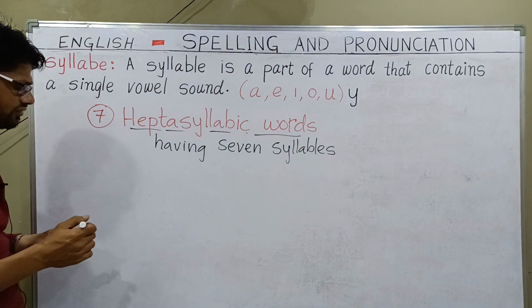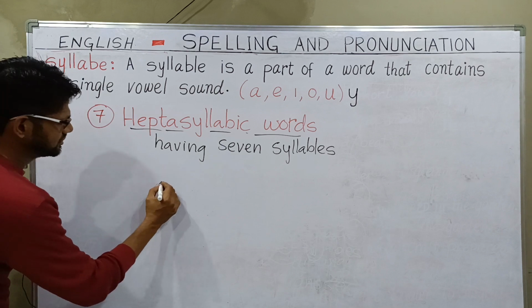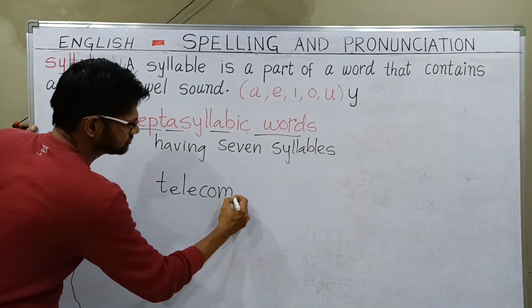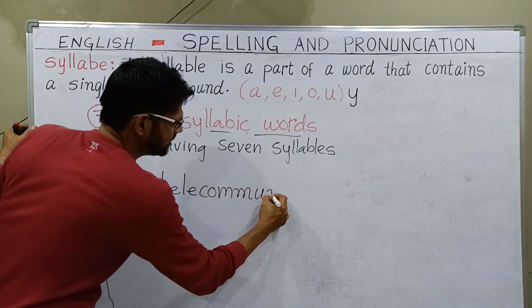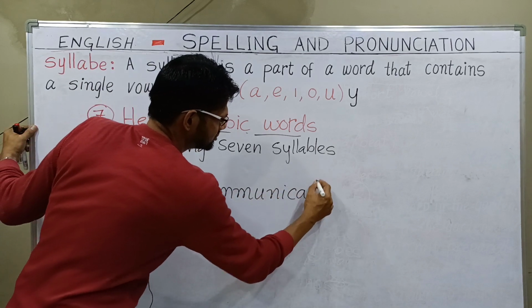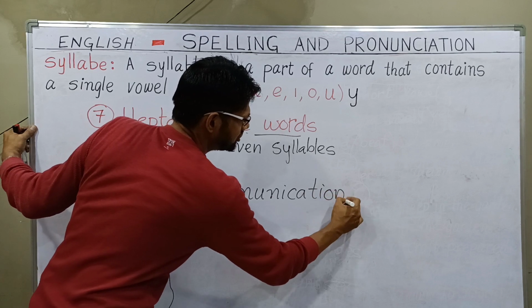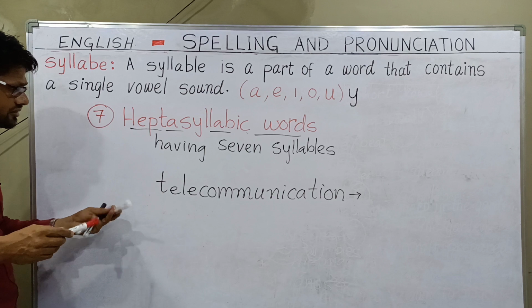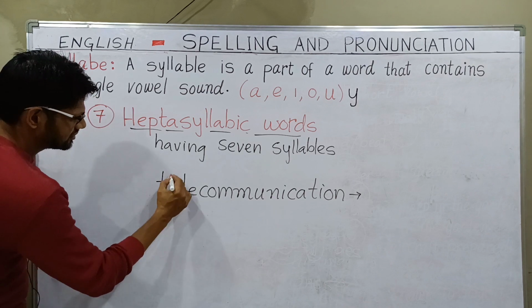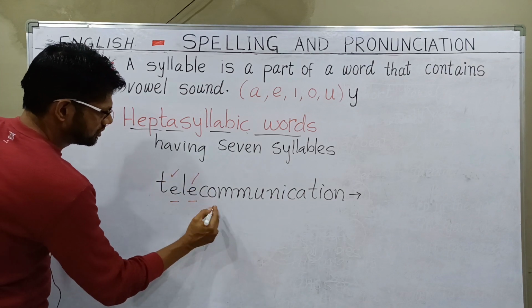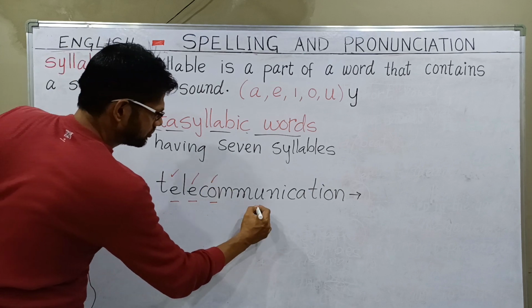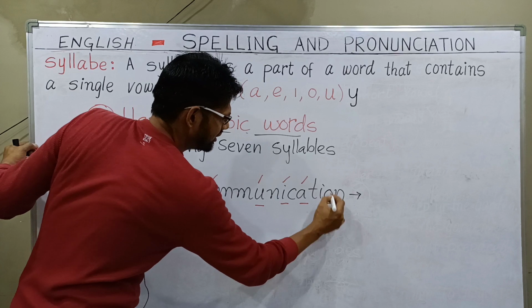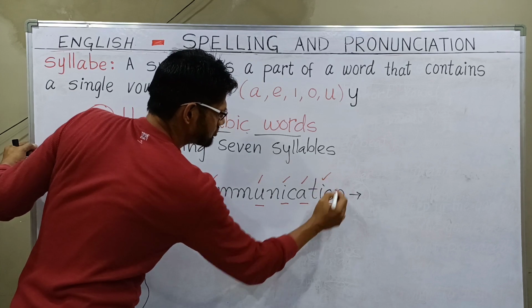For example, if I write telecommunication, how many beats does the word have? Let me count first. 1, 2, 3, 4, 5, 6, and IO is producing 1.